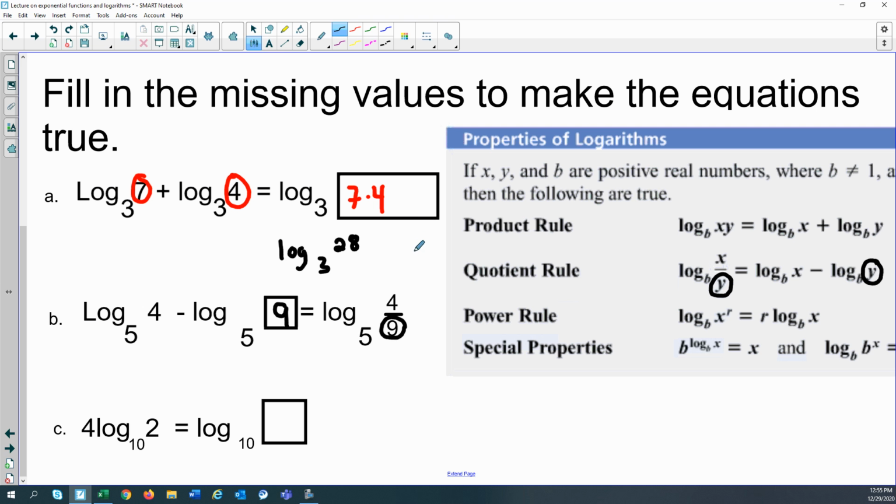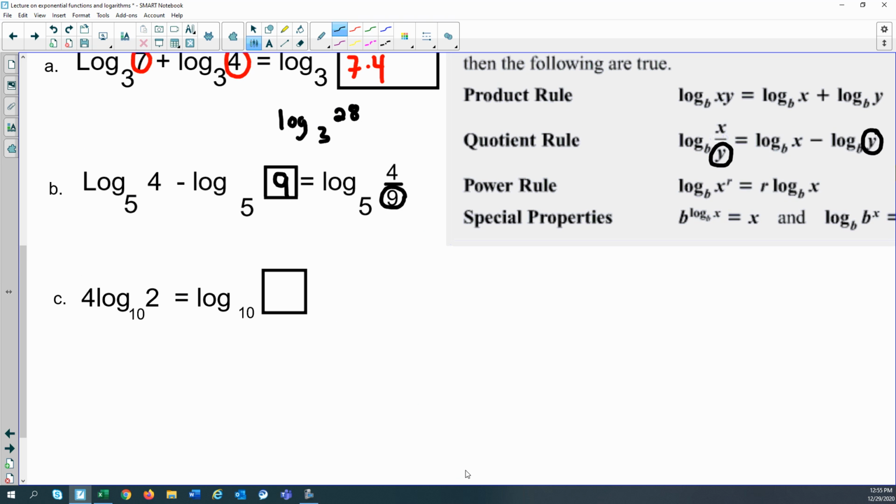I think we have one more here. Okay, so here we're dealing with a value in front, 4 times the log base 10 of 2. Now, we haven't talked too much about this or at all, but log base 10 is the base that's assumed.